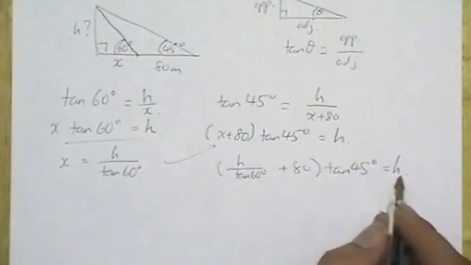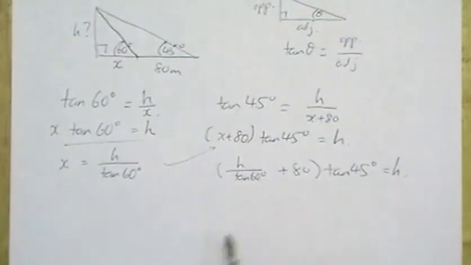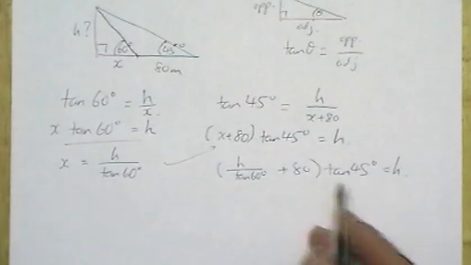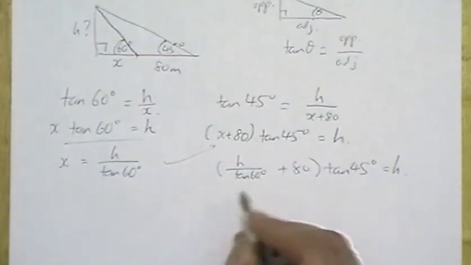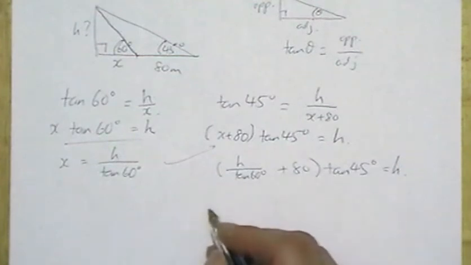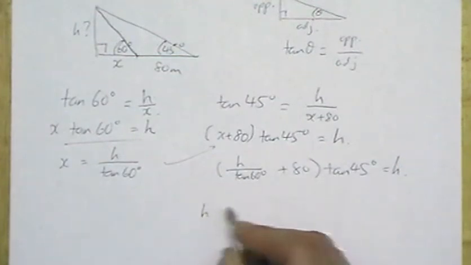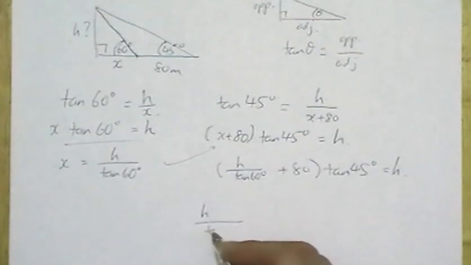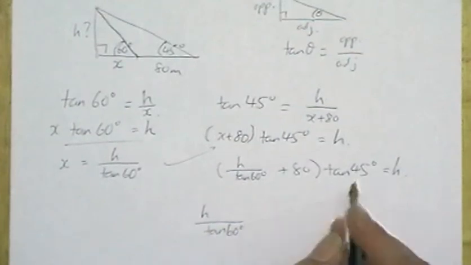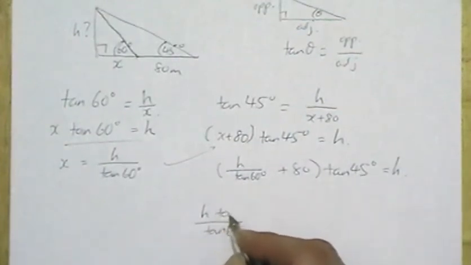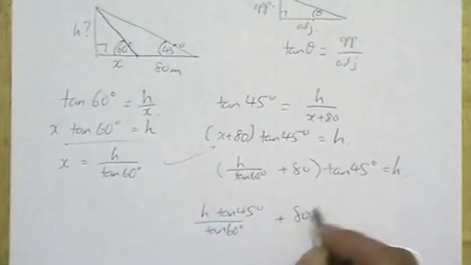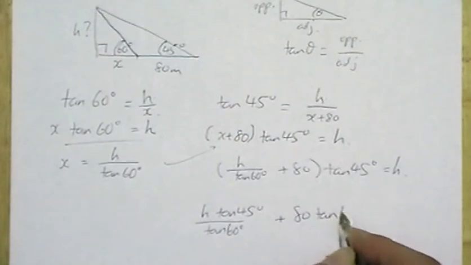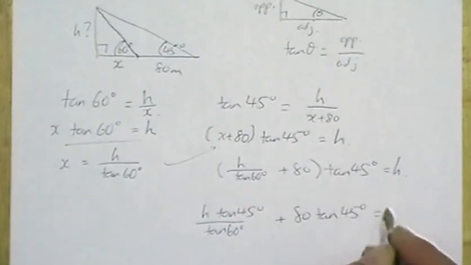Now we can try and solve for h. It looks like it's getting a bit complicated. So let me remove the bracket and I get h times tangent 45 degrees over tangent 60 degrees, plus 80 tangent 45 degrees, is equal to h.